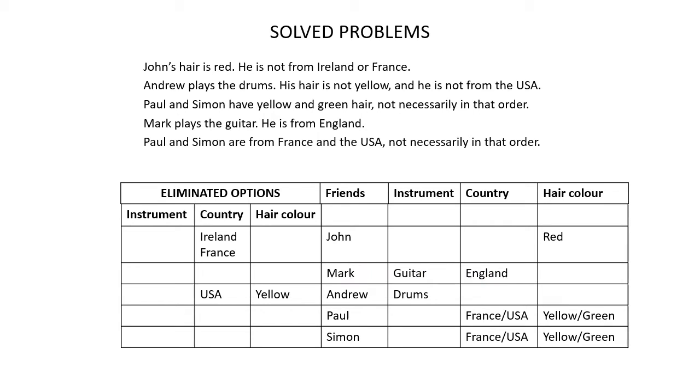This shows that Mark plays the guitar and he's from England. Paul and Simon are from France and the USA, not necessarily in that order. So mark France or USA for Paul and Simon under country. This shows that Paul and Simon are either from France or from USA.